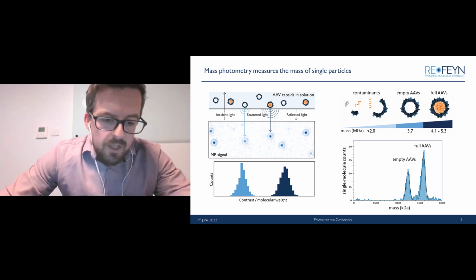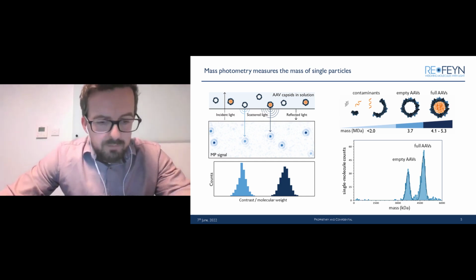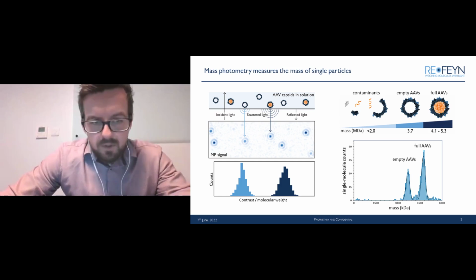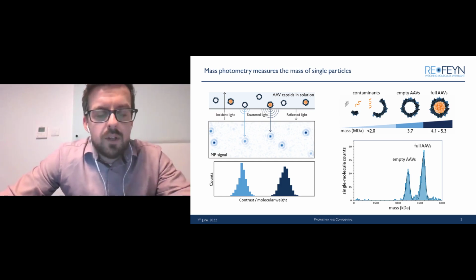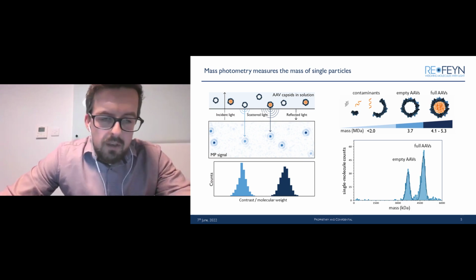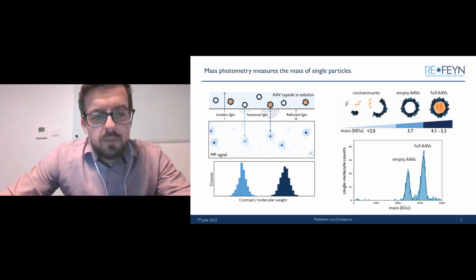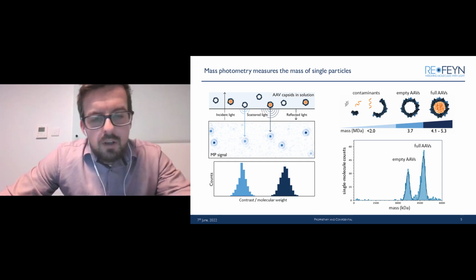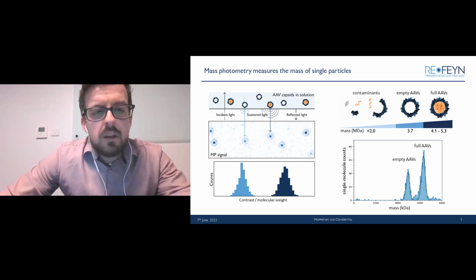And this interferometric signal is proportional to mass, and if we use a calibrant of known mass, that allows us to extract the mass of our sample. On the bottom panel here, that just shows that every single event that is detected is counted and a histogram is generated showing the mass distribution of biomolecules or particles such as AAVs in solution.